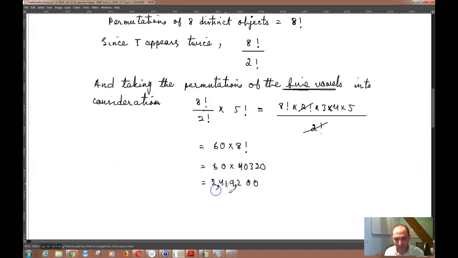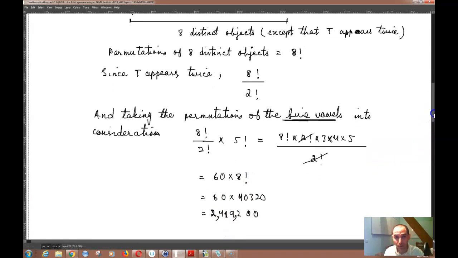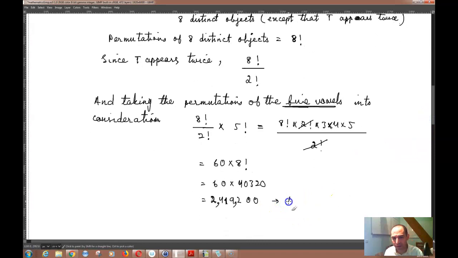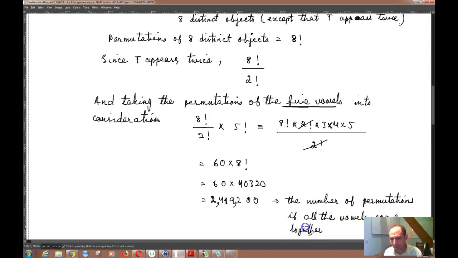That is the number of permutations if all the vowels come together.